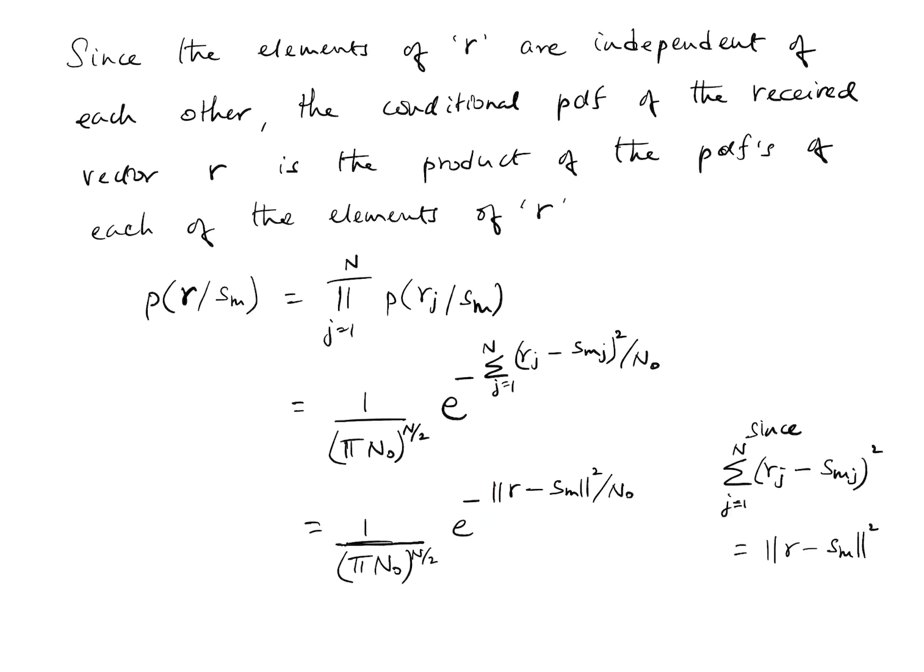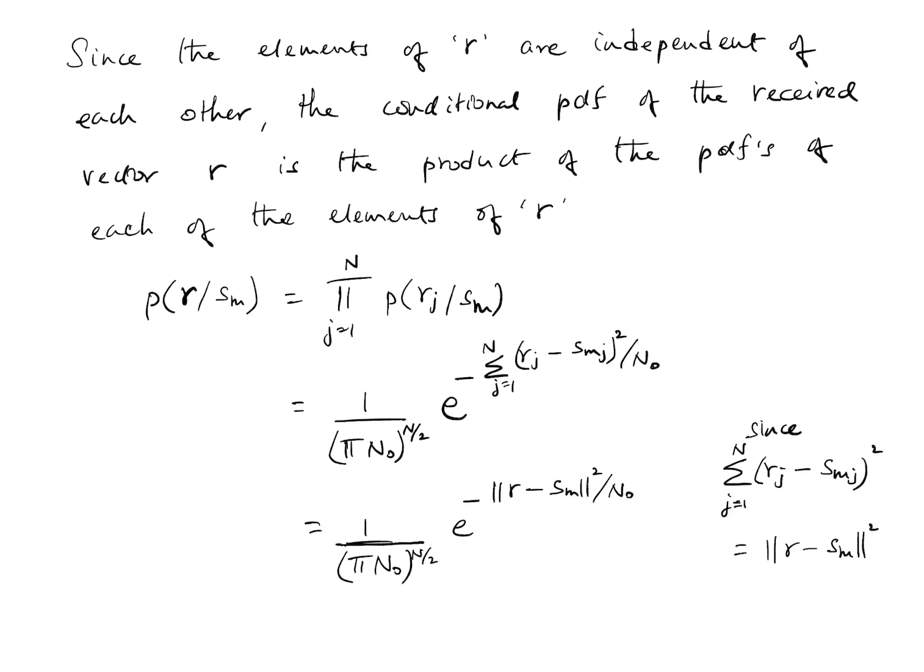So we get the conditional PDF in terms of the distance squared. And by the way, when I say distance, I mean the Euclidean distance between the vector r and the vector sm, which is the Euclidean distance between the point in the n-dimensional signal space that denotes the received signal and the point in the n-dimensional signal space that denotes the transmitted signal sm, right?